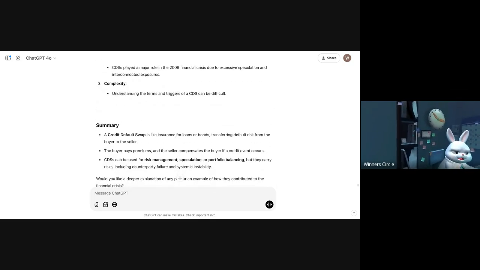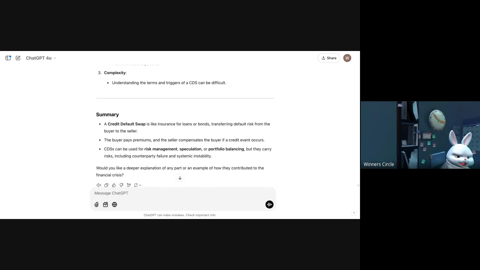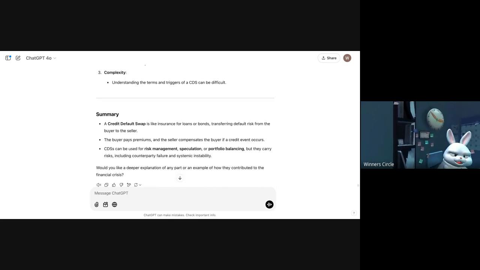Okay, summary: the credit default swap is like issuing insurance for loans or bonds, transferring the default risk from the buyer to the seller. The buyer pays premiums and the seller compensates the buyer if a credit event occurs.